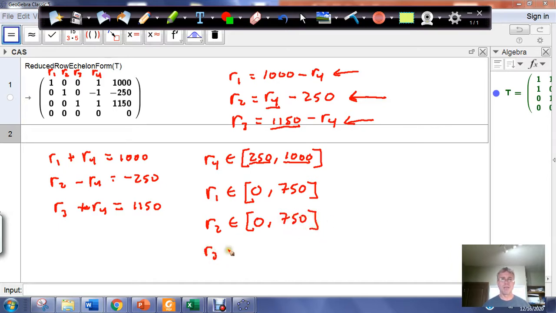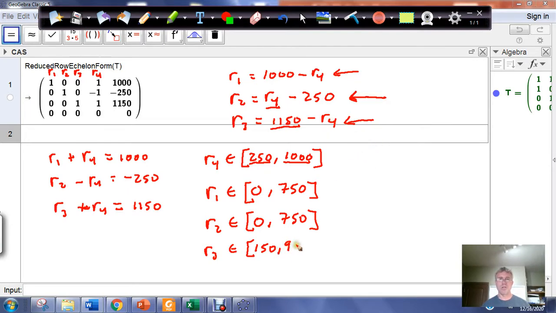And road 3, where can it go? Well, the smallest it will be when road 4 is the biggest it can be. So 1150 minus the 1,000 would be 150, the smallest it could go. And the biggest it's going to get is when road 4 is the smallest it can be, which is 250. So 1150 minus 250 is 900.